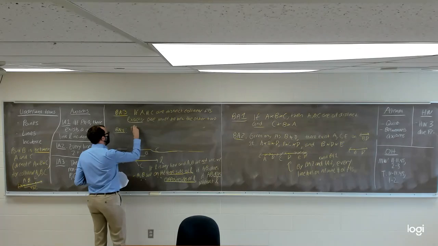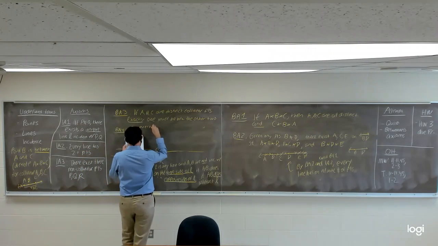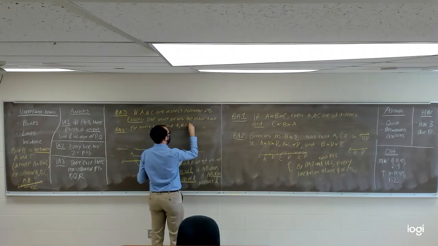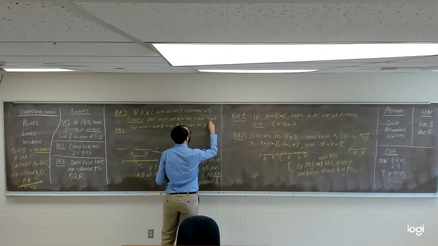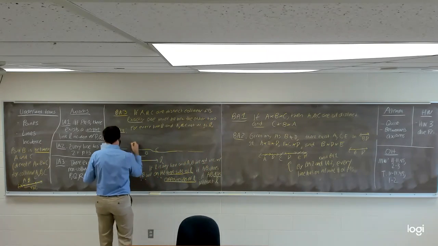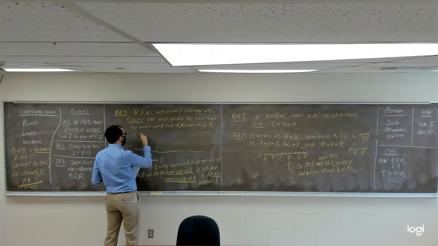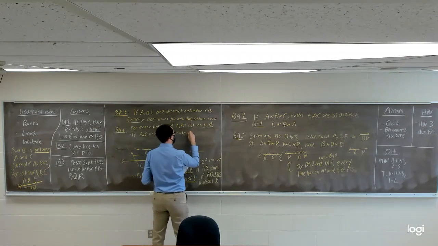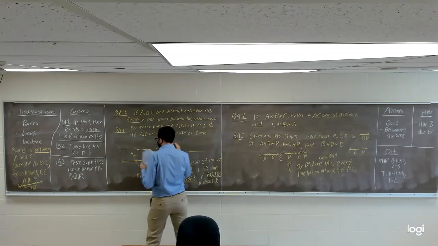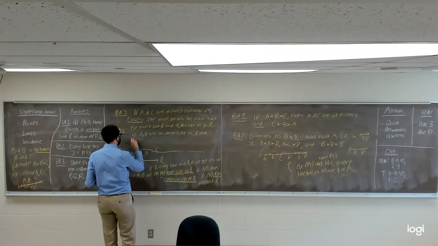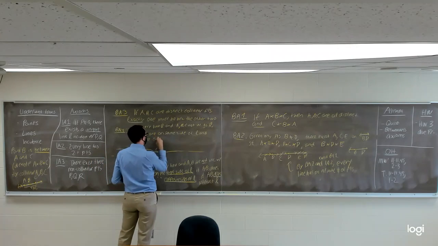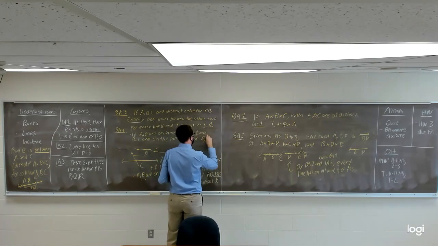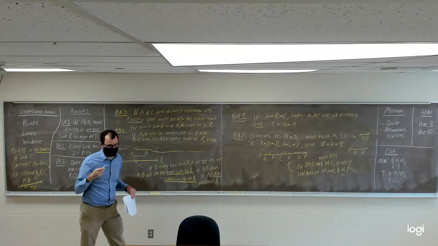And what it's going to say is that for every line L and points A, B, and C not incident to L, we could say, first of all, if A and B are on the same side, and if B and C are on the same side of L, then A and C have to be on the same side of L.